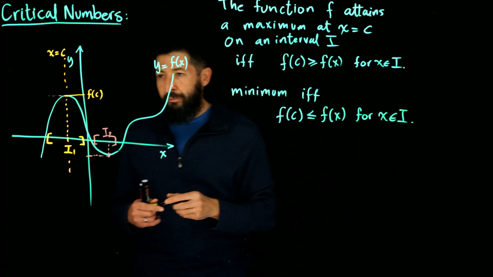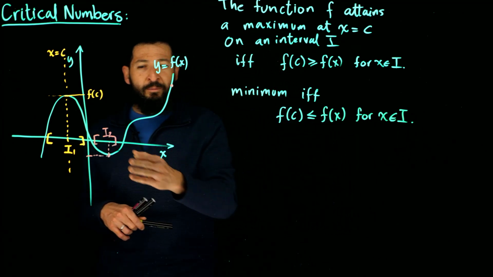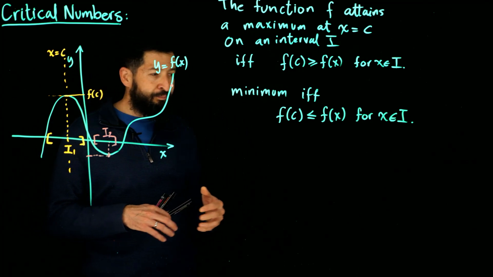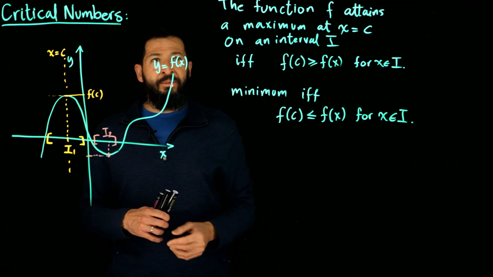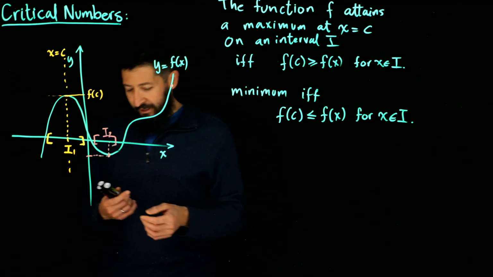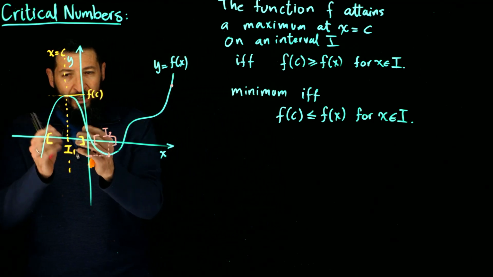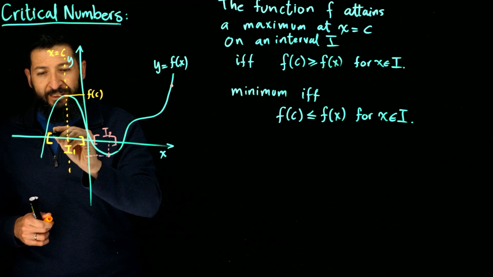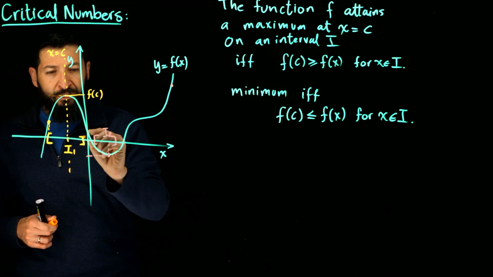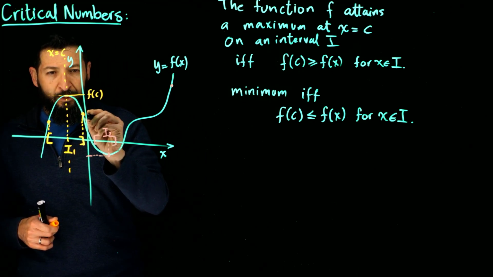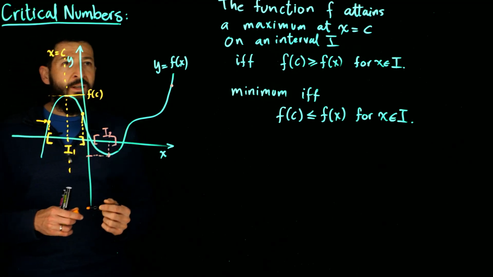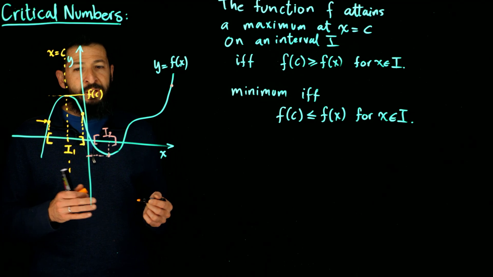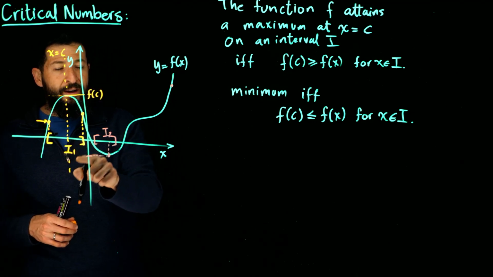So that would be the minimum. Now, I chose this very particularly for a reason, because these are going to be called relative extrema in a minute. But if we restrict ourselves again to I2, you can see that I have these endpoints for my interval, and it looks like right here my function is attaining a minimum for this interval I2.